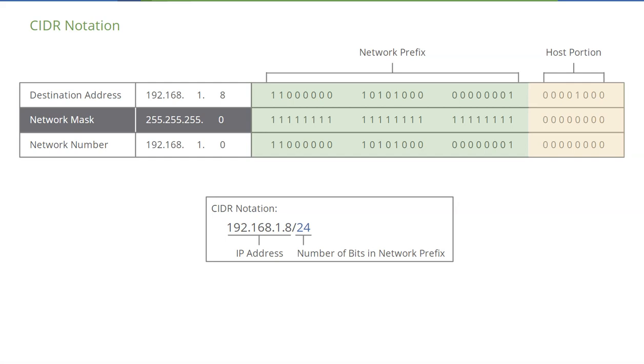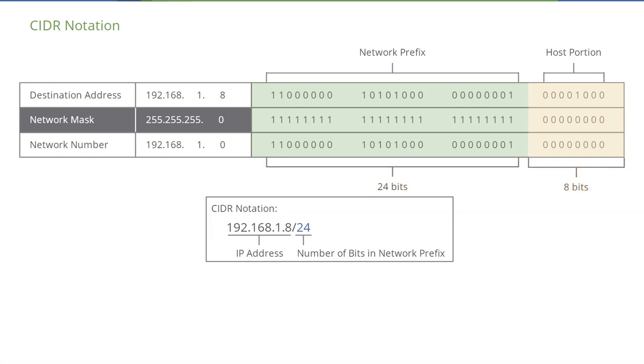The number after the slash is also known as the prefix length. In the example shown on screen, the bits in the first 3 octets are all turned on, meaning that the first 24 bits are network prefix bits. So 192.168.1.8/24 means that the first 24 bits are the network prefix, and the last 8 bits are host bits.